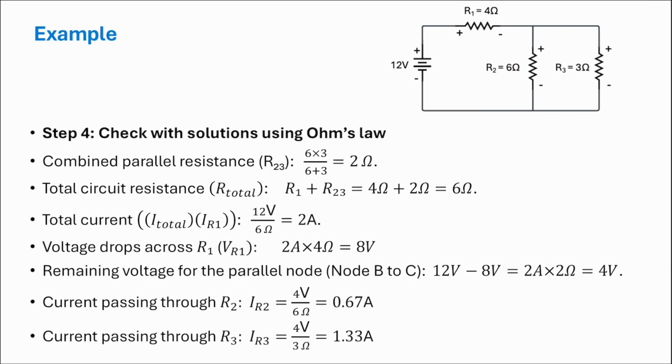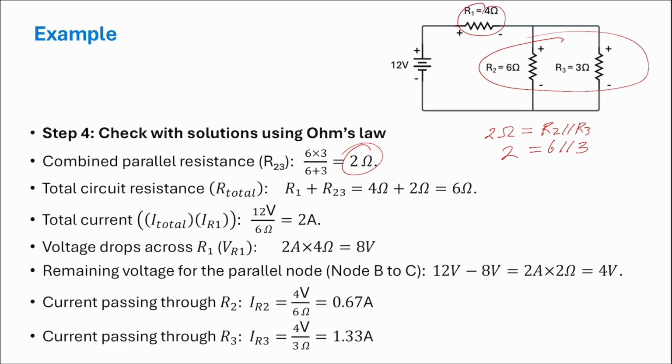Okay, let's check using the usual Ohm's law or parallel-series circuit. First, we combine these two together. When R2 is parallel with R3, the equivalent is 2 ohm, because 2 is equal to 6 parallel 3. So this is 2. The total resistance, so we have to add this one.